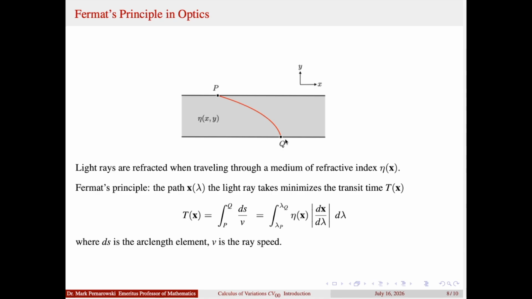But Fermat's principle says that the path that light takes is the one that minimizes what looks like a minimum transit time problem.